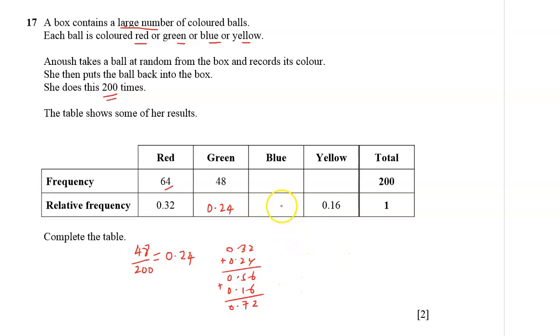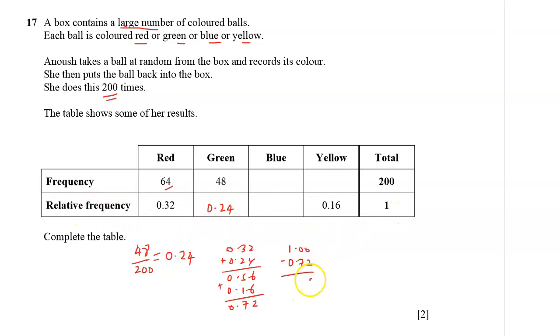So to get the relative frequency of the blue ball, we do 1 minus 0.72, because you can see the total of all the frequencies is 1.